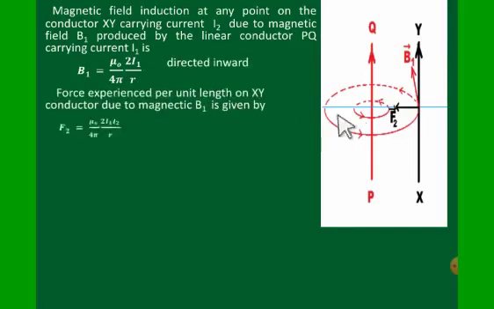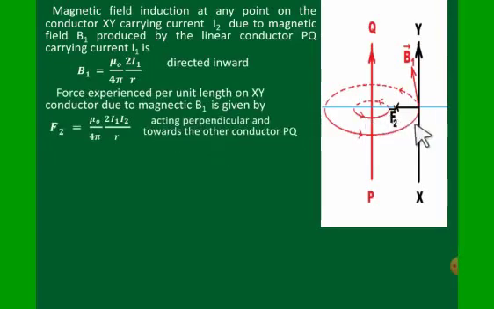Now the force experienced by this current carrying conductor XY due to the magnetic field B1 is given by F2. You know that F2 will be equal to IL cross B, no? IL vector and B vector are perpendicular to each other, so sine of 90 degrees is 1, so we are not putting that value. So F2 will be equal to what?